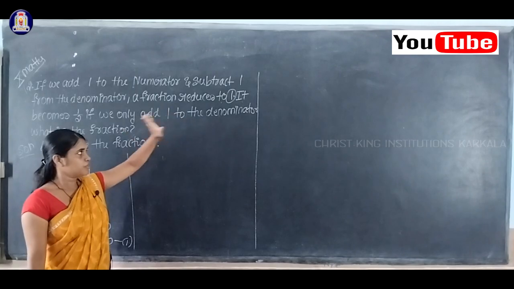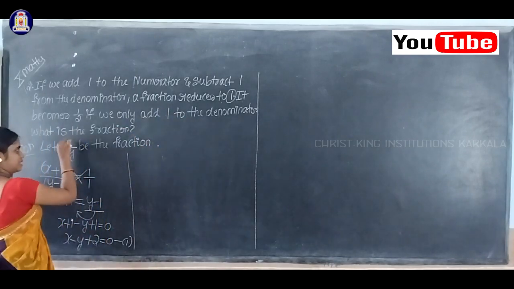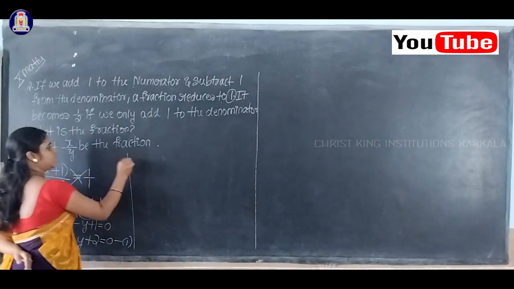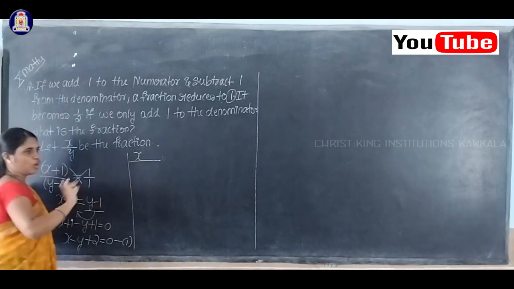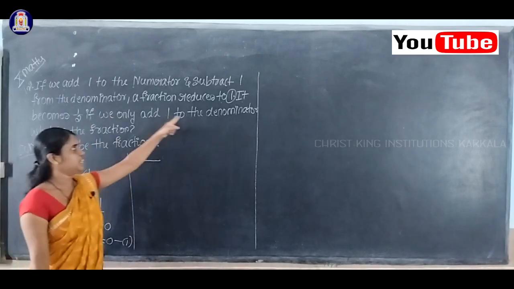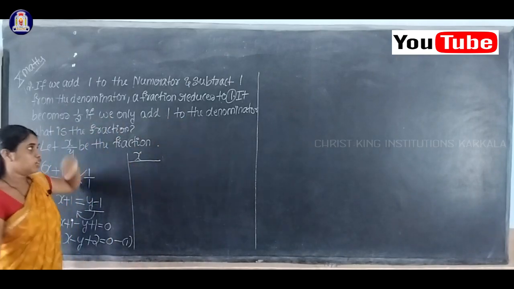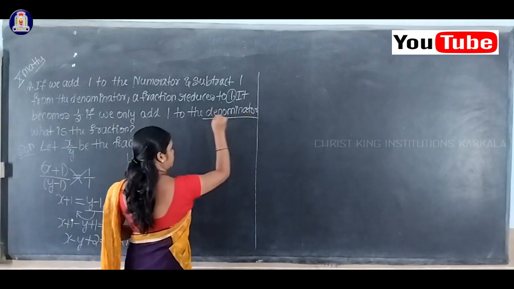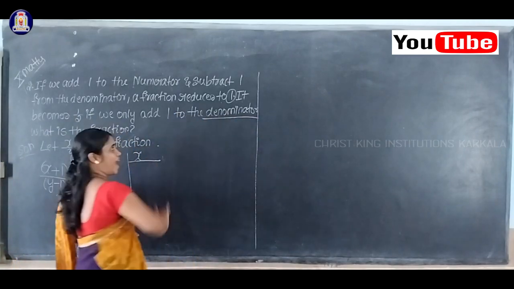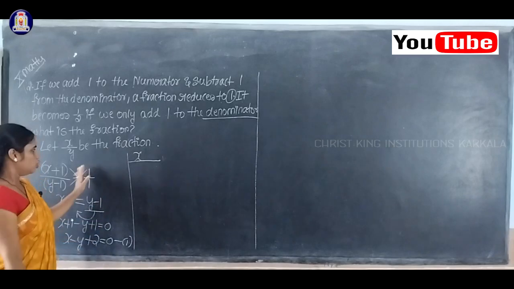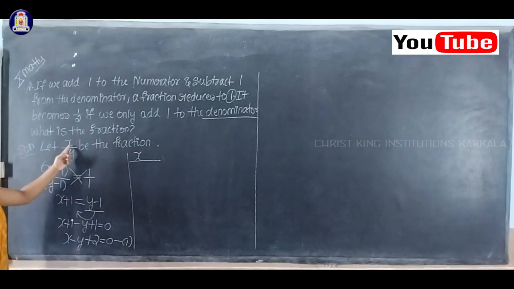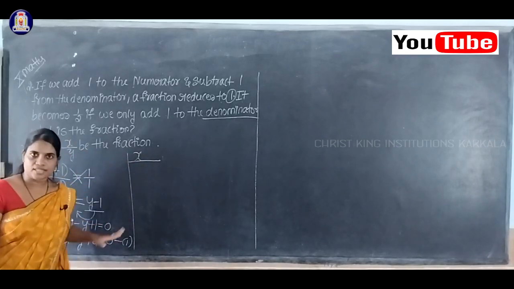No, isn't it? So therefore, here x is the numerator. So the numerator will be as it is. It will not change because they have not given any condition for the numerator. They have given it only for the denominator. For the denominator, you have to add 1. Okay, the numerator will not change. This numerator x will be as it is.